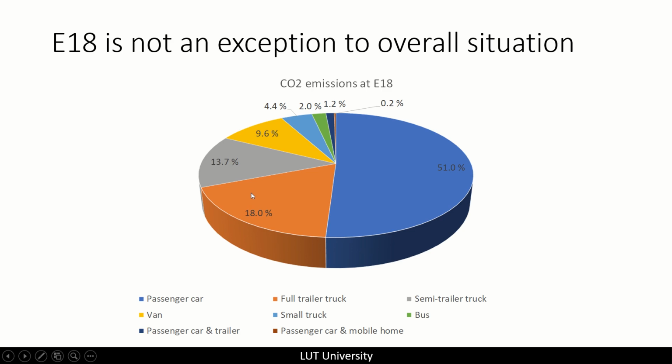This is because the freight that is transported within Finland is more often than not transported with full trailer trucks, whereas semi-trailers are used for international traffic, for example, sea containers or traffic between Finland and Russia.